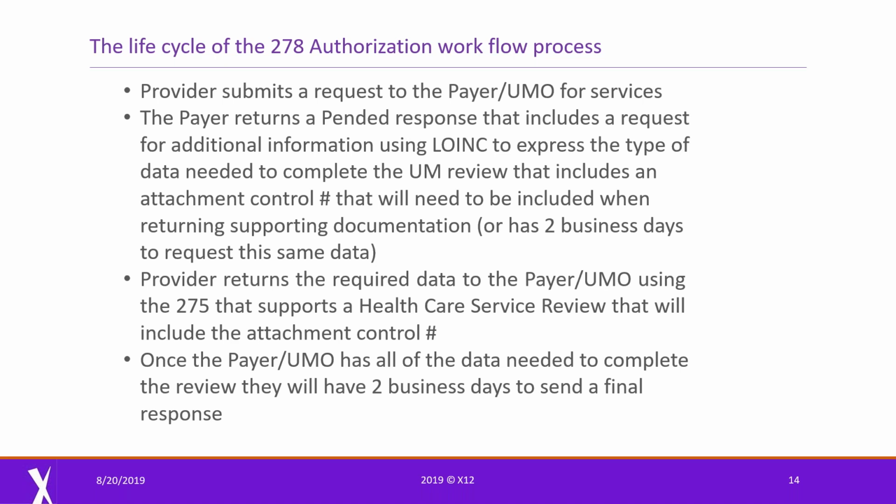And that's very, very important, because that way, when the payer is receiving this additional information on a totally separate day, in a different process, they have the ability to match that additional information that was received and link it to that pending event that's in their database. And so that's why it's so very important to use that attachment control number.